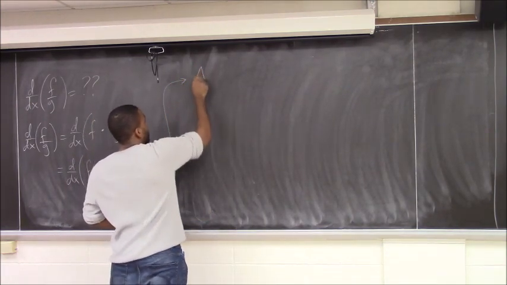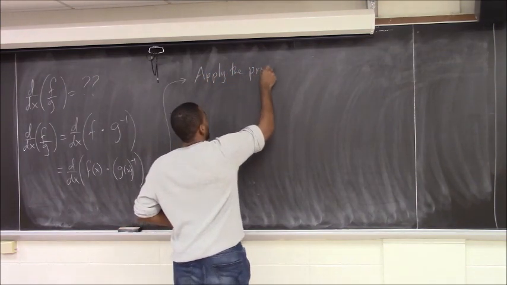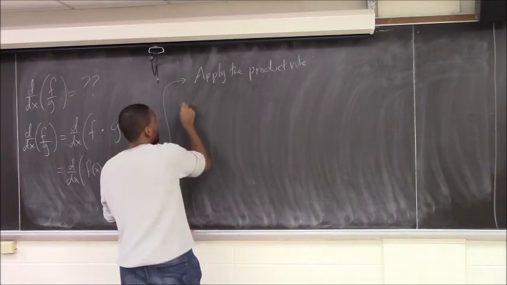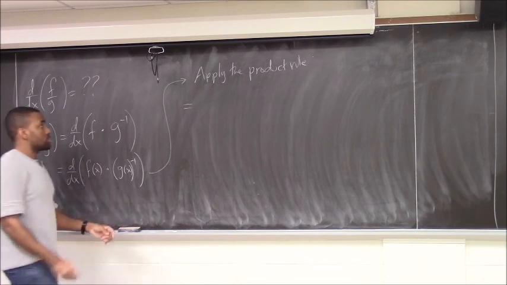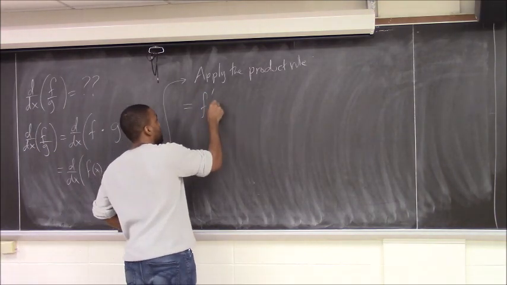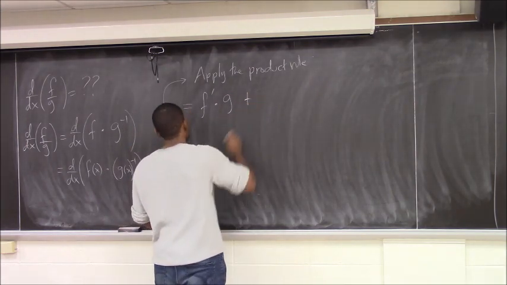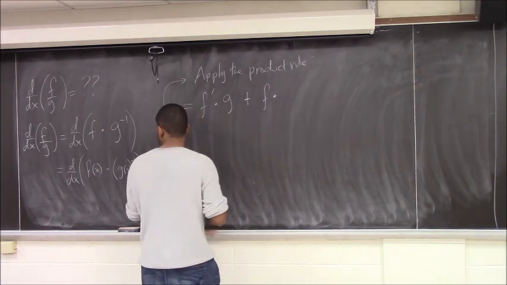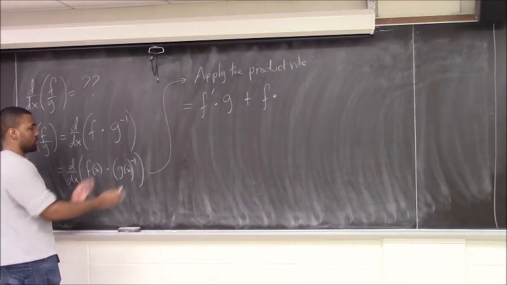So now, all I'm going to do is apply the product rule. So this is going to be f prime times this, plus f times, now we're going to have to figure out the derivative of this guy.